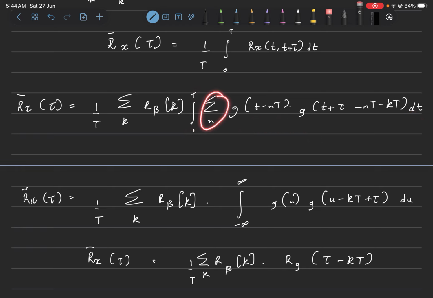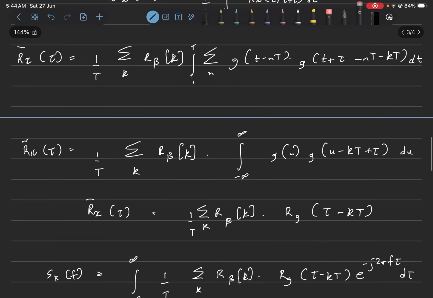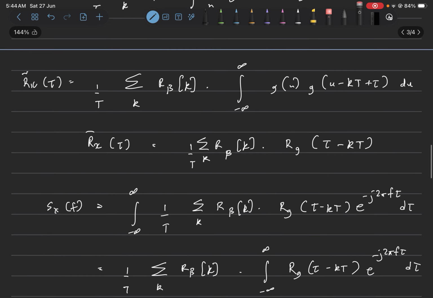Similarly, we can do this for all values of n, and this integral will cover everything from minus T to 0, 0 to T, T to 2T, both ways. The argument is common and the limits are different, so these can be clubbed into a single integral, because we can club all those integrals having the same argument by successive substitutions, as I did for n equals 1.